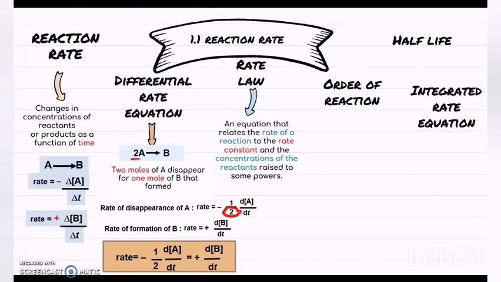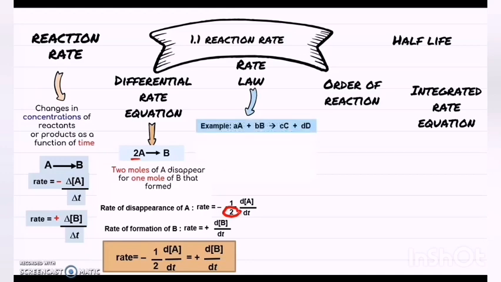Okay, next term is the rate law. Rate law is an equation that relates the rate of a reaction to the rate constant and the concentrations of the reactants raised to some powers. For example, I have this equation aA plus bB produces cC plus dD.